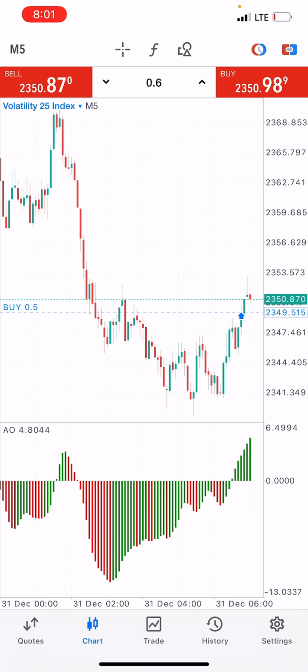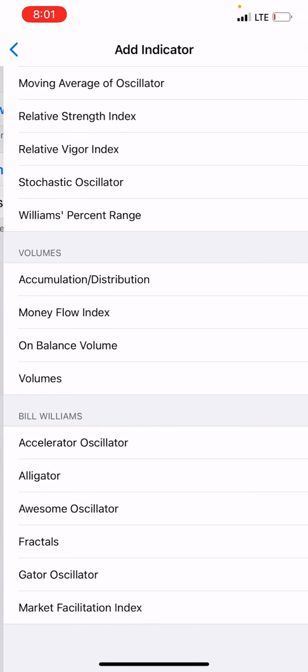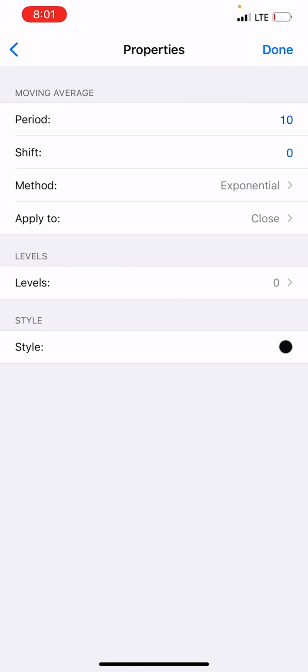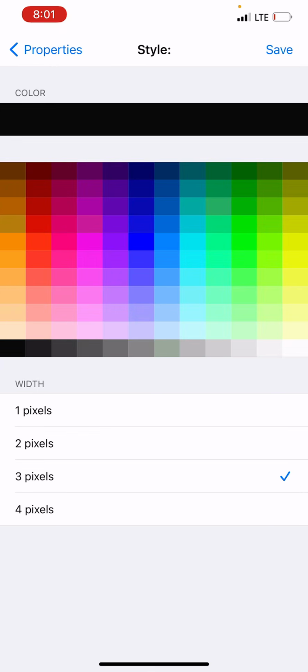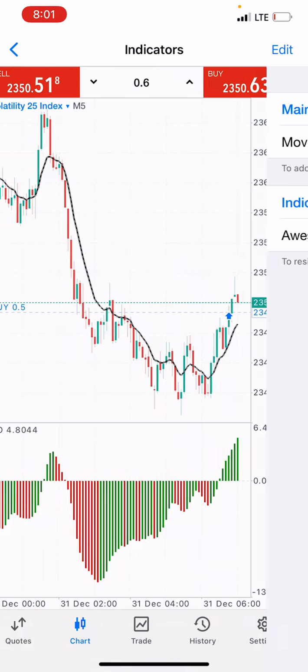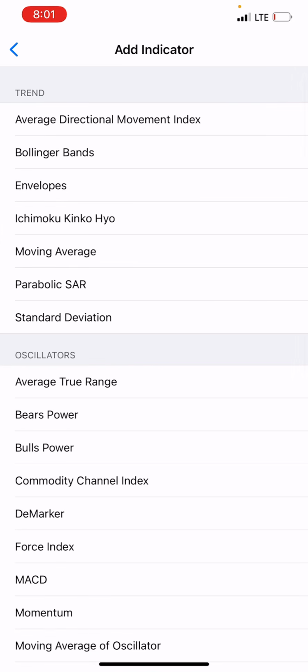Then the next indicator is a moving average. At the main window, you take the moving average, set it on period 10. The shift, put it on 0. The method exponential, apply to close. The style, use black, 3 pixels. You click save, you click done. Take another moving average at the main chart, the main window.